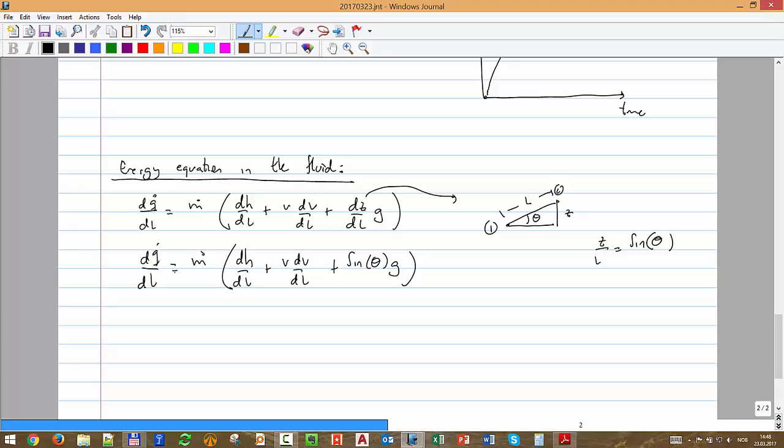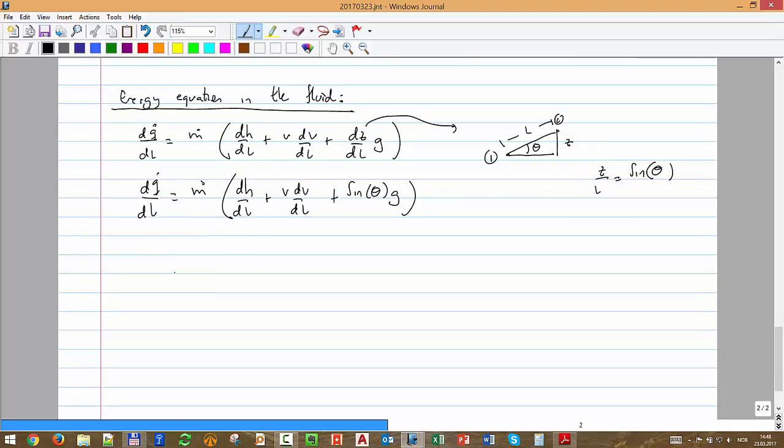Now let's put that equation in the shape that we are going to use it. We're going to assume that we are neglecting velocity changes along the pipe.